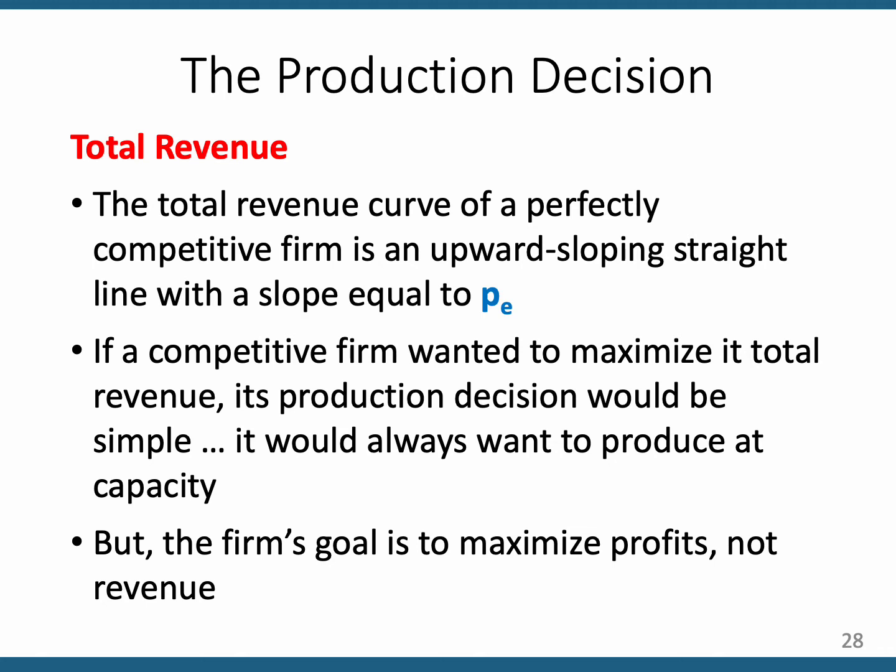All right, so if you graph revenue in a purely competitive market for the individual firm, remember, price does not change as quantity changes. No matter how much you produce, you're going to charge the same price. So that means there's a linear relationship between total revenue and quantity, right? When we graph total revenue against quantity, it's going to be a straight line. I'll show you the graph on the next slide.